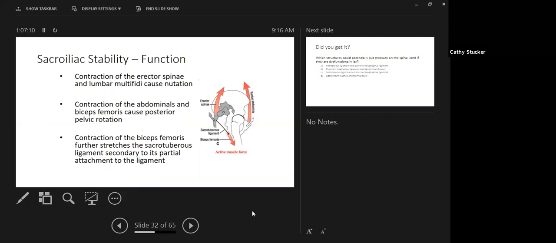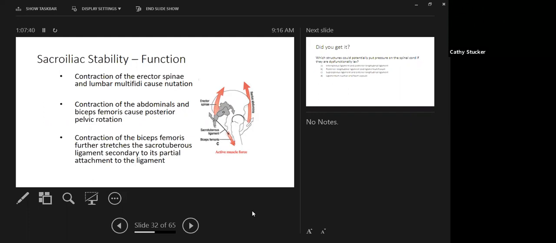There's also the dynamic synergy of your abdominals and your erector spinae muscles. When the erector spinae and the lumbar multifidi contract, there is a nutation. It pulls the posterior aspect of the sacrum and tilts it forward.